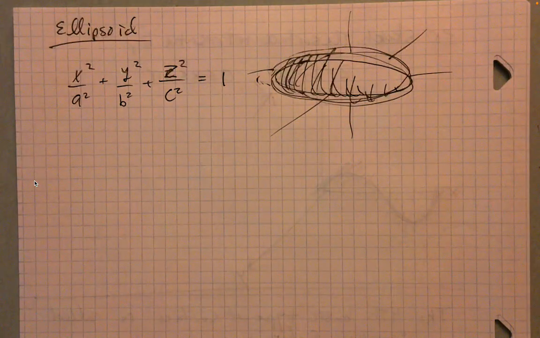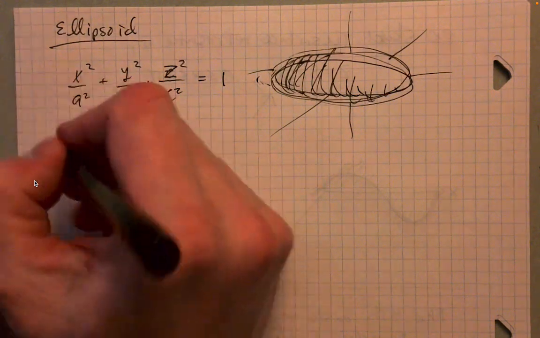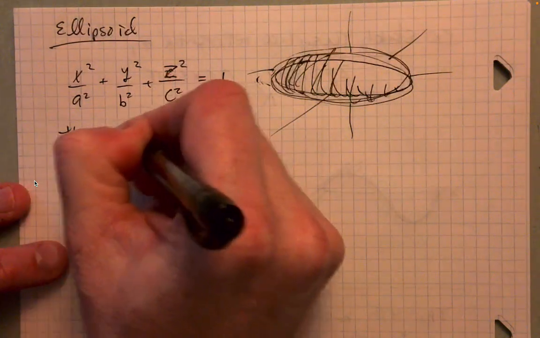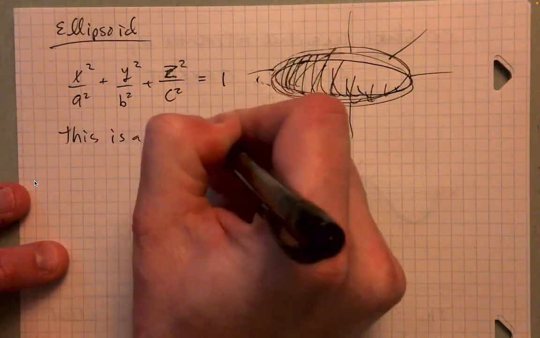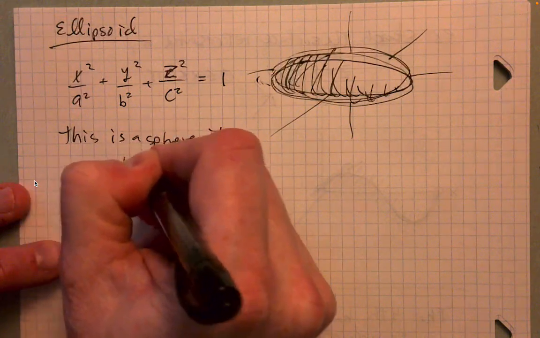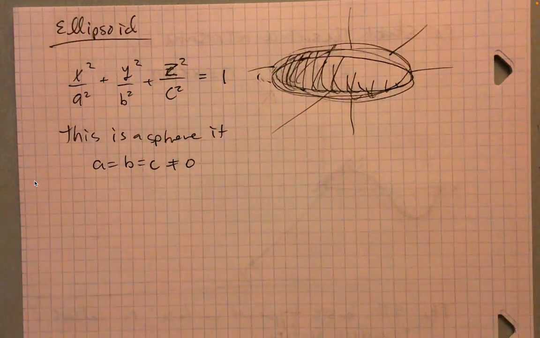Okay, and this surface is technically going to be a sphere if the denominators are all the same. So this is a sphere if a equals b equals c, and that's obviously non-zero.